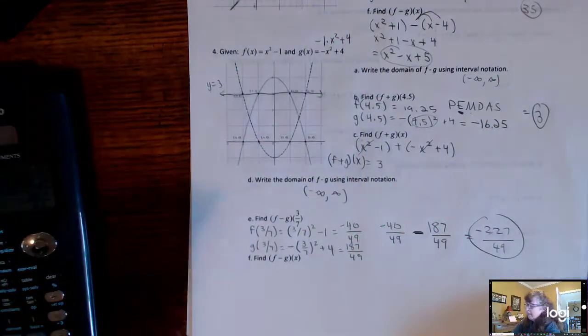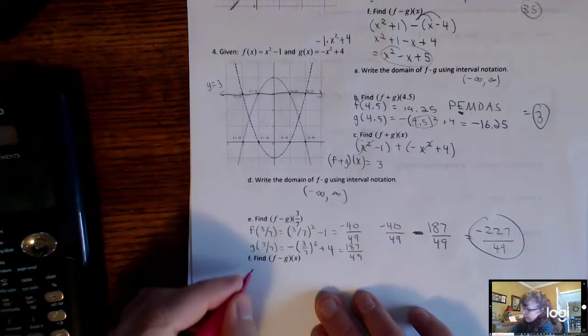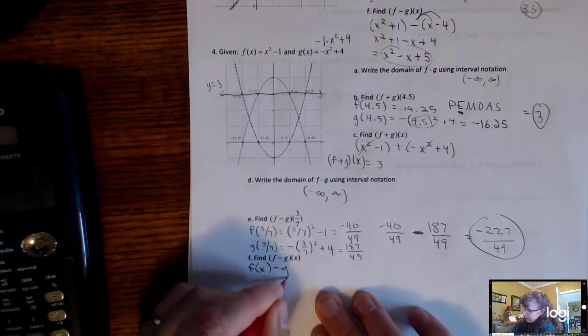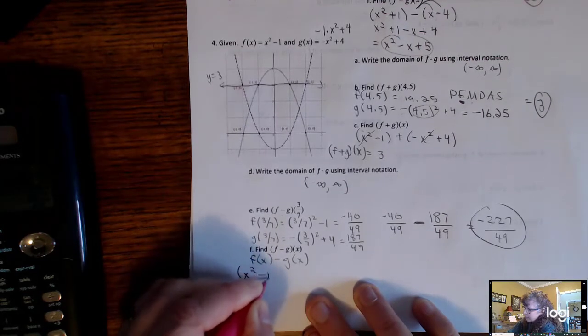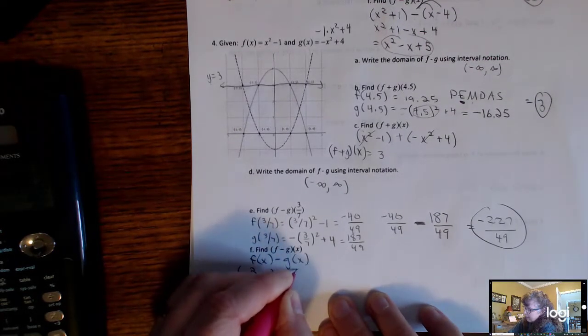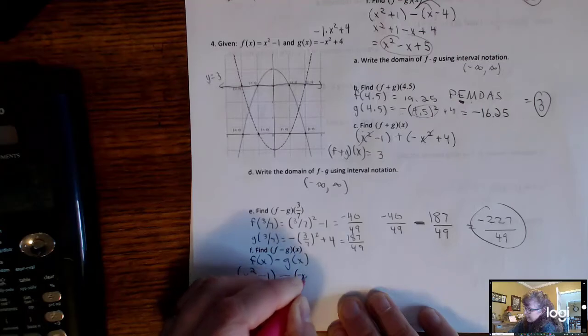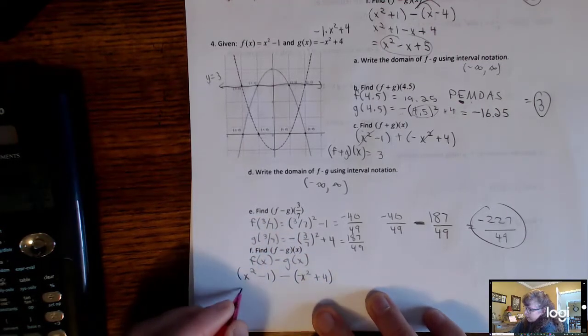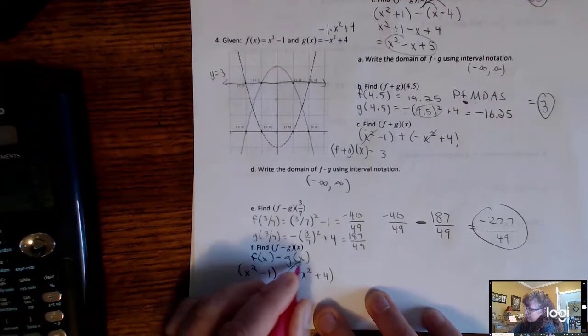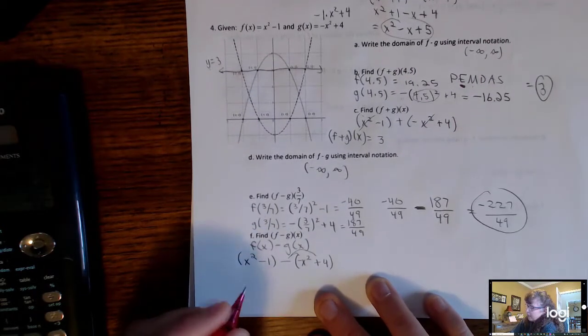All right. F minus g of x means create a new function by subtracting the two functions. Use parentheses. That's x squared minus 1 minus parentheses negative x squared plus 4. Before we do any subtraction, I'm going to distribute the negative. That's the most common error in Math 171.